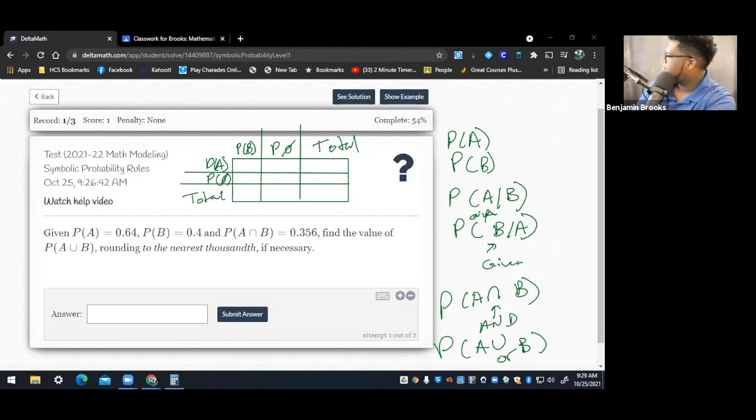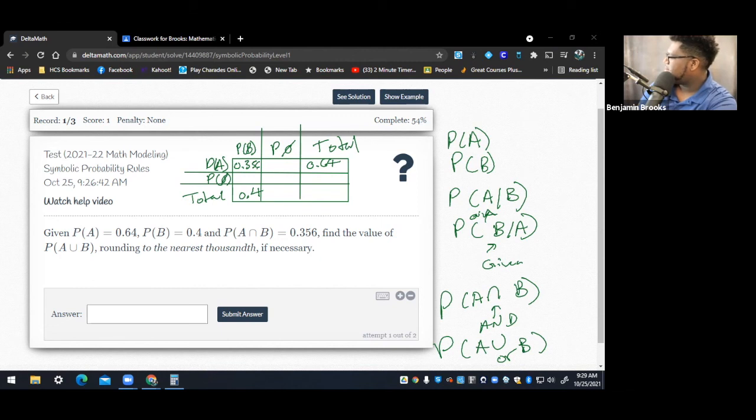So we've got the probability that A happens is 0.64. The probability that B happens is 0.4. The probability that A and B happen, so that would be right here, is 0.356.